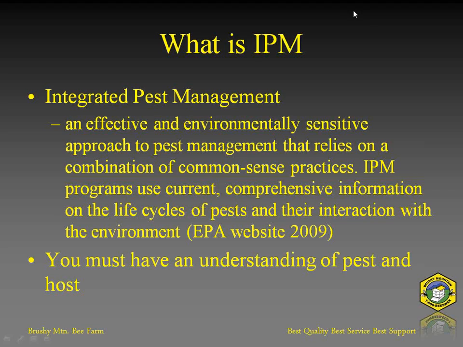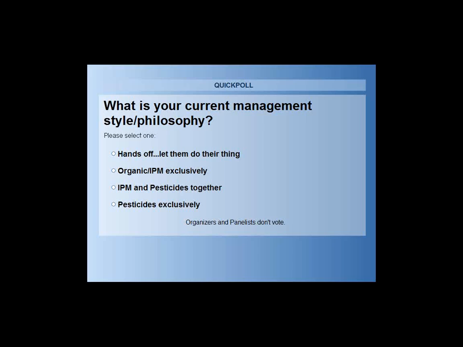Before we get into the meat, I just want to throw up a poll here to get a sense of where people are in terms of their management style. What is your current management style or philosophy? The first option: hands off, you just sort of let them do their thing.